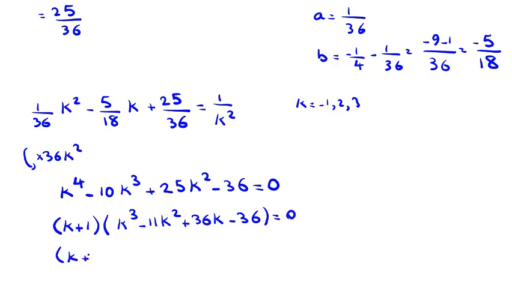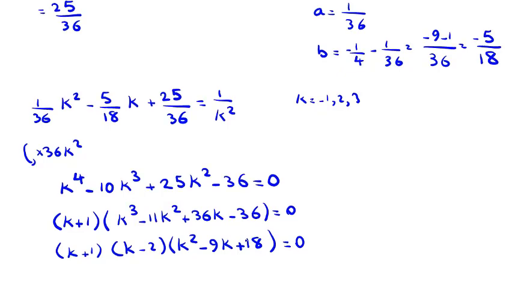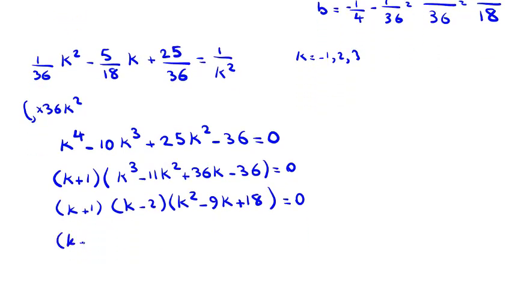Now, you factor out k minus 2, it will be k squared, minus 9k, plus 18, and the last one is k plus 1, k minus 2.